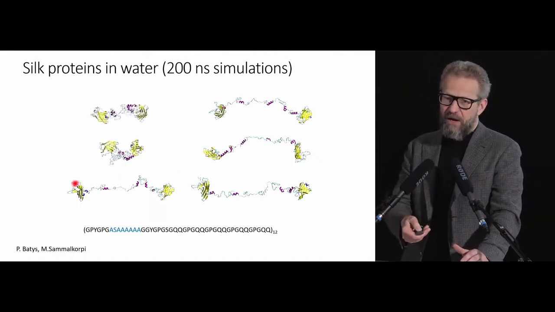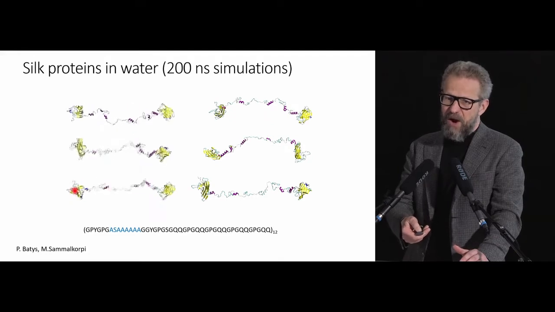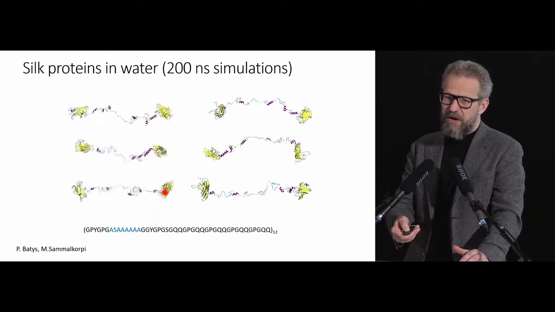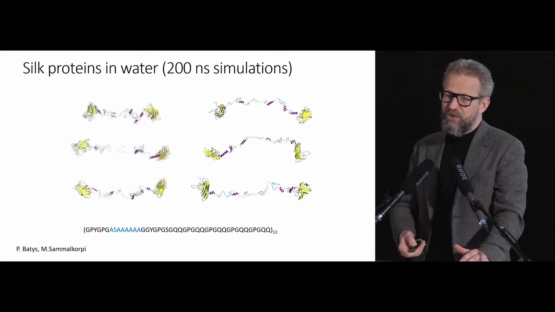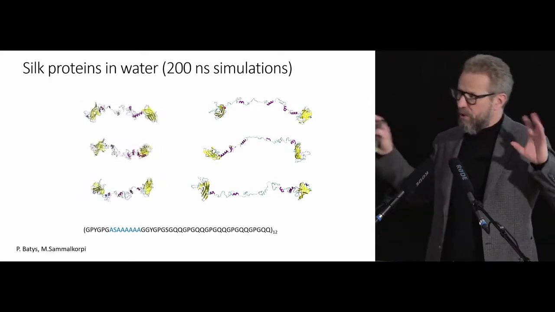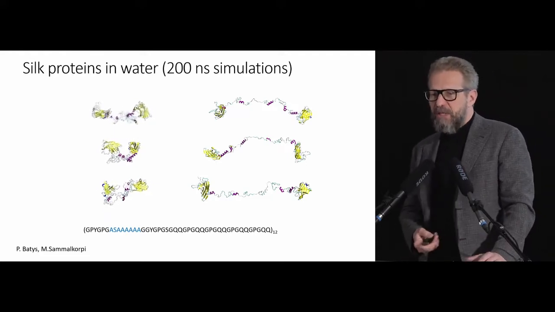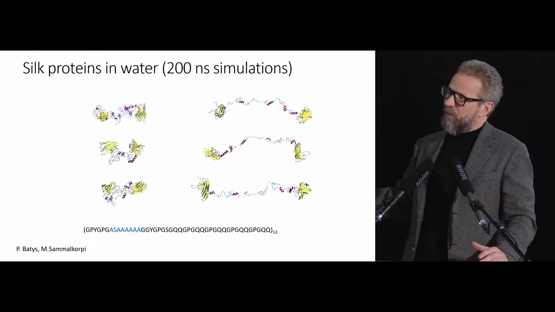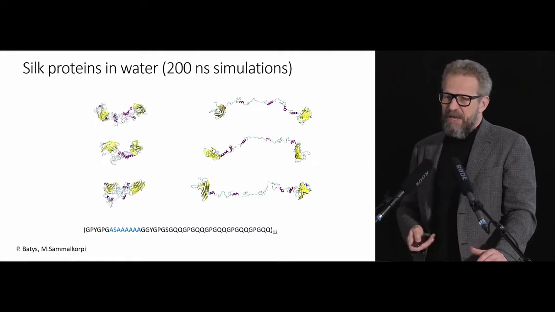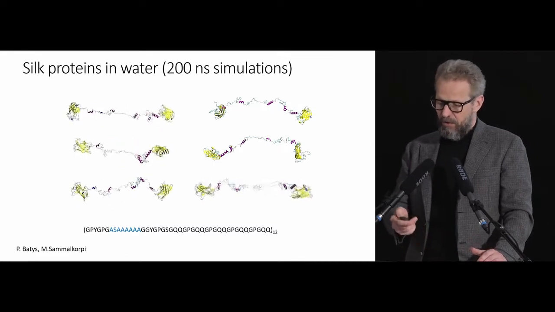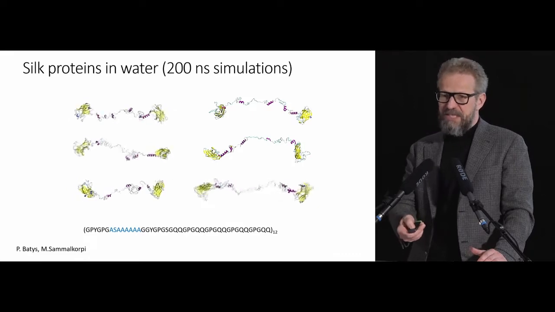You'll see here on the side parts that do take three-dimensional folds, the yellow structures. Those are terminal domains that we have added, and they're added there to bind to cellulose. But the middle part doesn't fold into a three-dimensional structure in normal conditions.